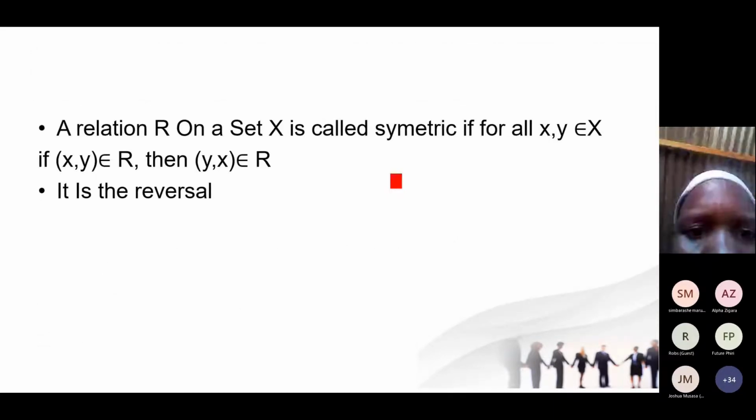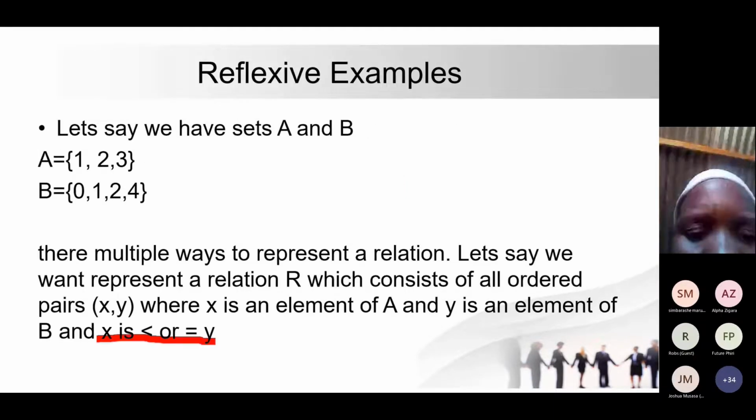I was thinking maybe you have something practical, where we show that when you are saying a relation is reflexive, x must be less than or equal to y, which means for every value in A, it is less than or equal to itself.